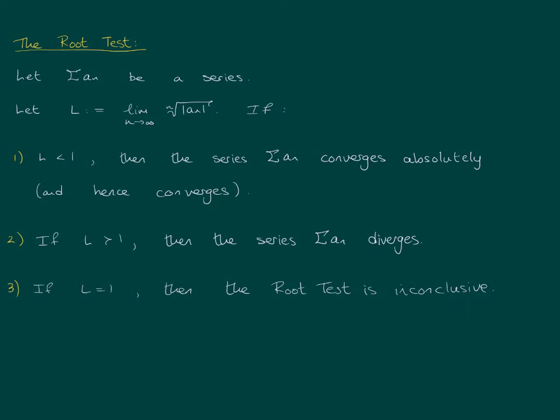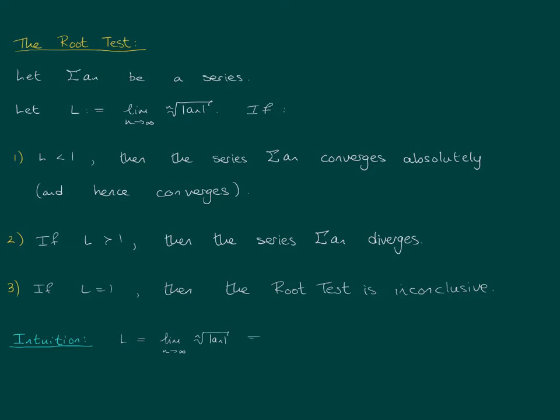So what's the intuition behind this? If we look at this limit L, so L is equal to the limit as n goes to infinity of the nth root of the absolute value of a_n.